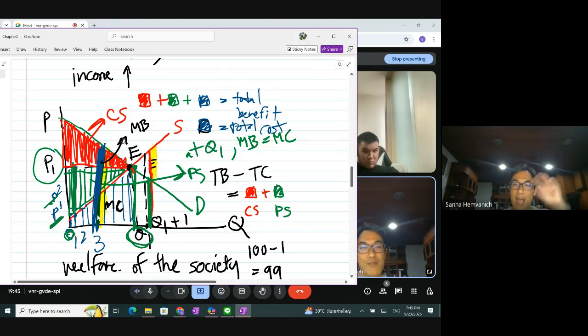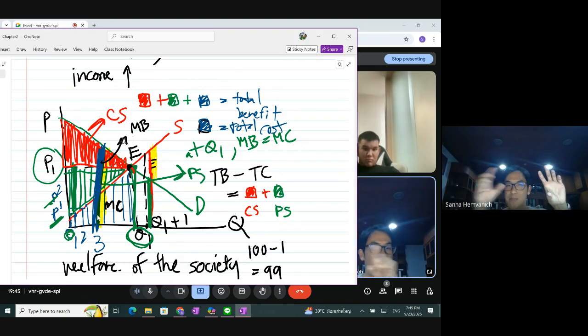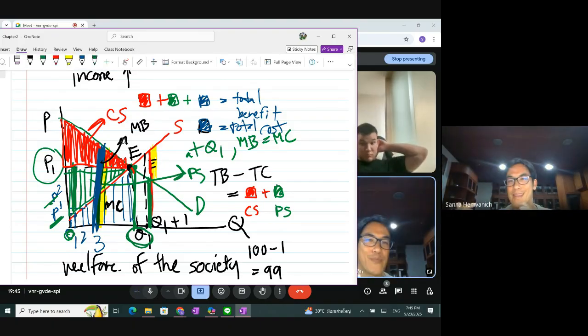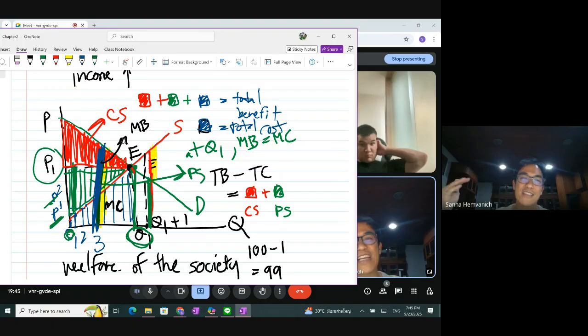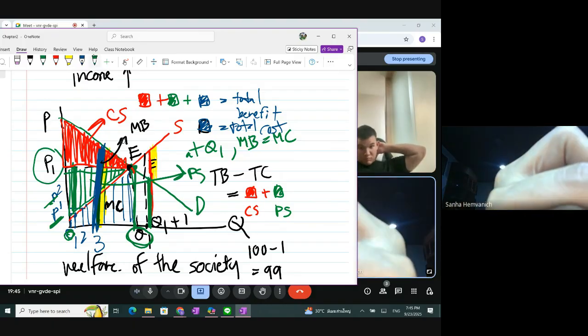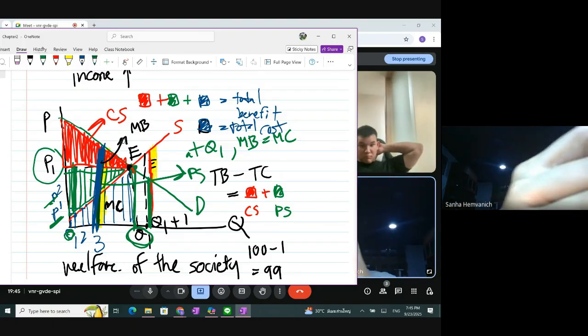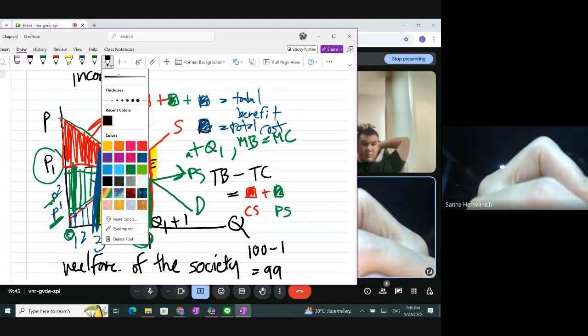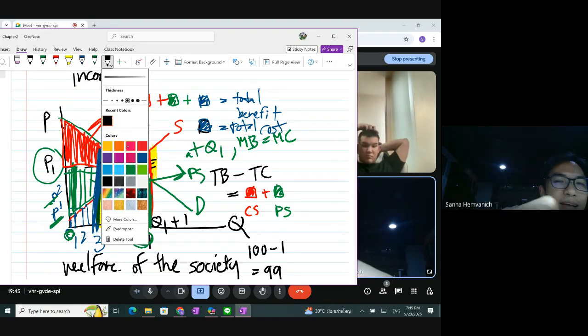So if you subtract, marginal benefit minus marginal cost, the difference, which means the benefit exceeding the cost, is, okay, I have to use another color. I'm going to use pink.